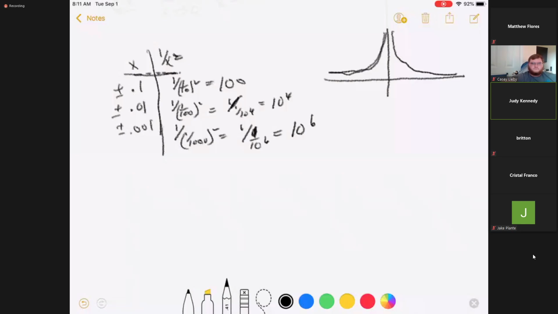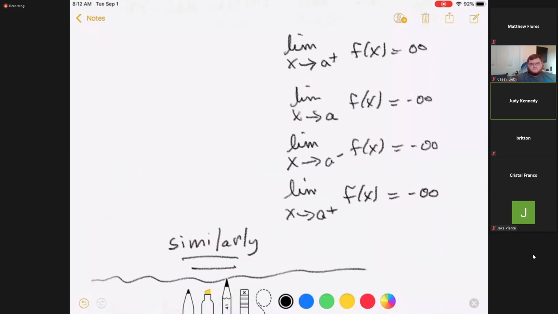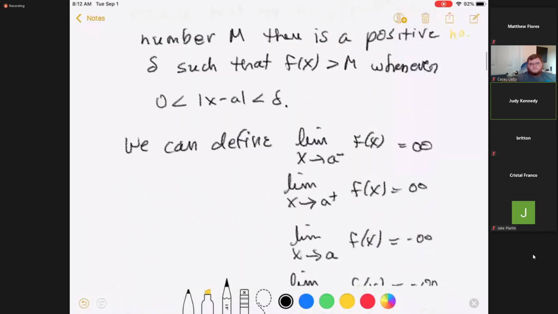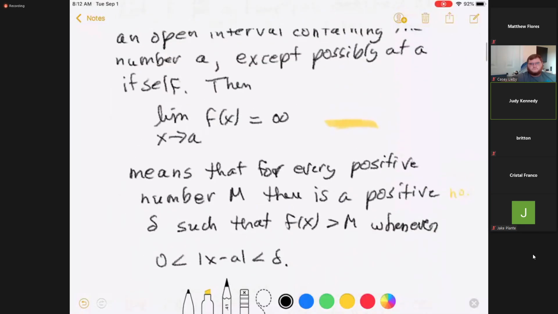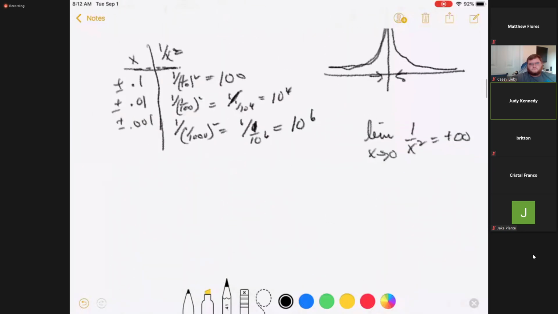So here, the limit as x approaches 0 of 1 over x squared is plus infinity. Because as you come in from the left or you come in from the right, 1 over x squared is getting big without bound. That's what this definition says. You can actually prove this with some inequalities, but I think we'll just stick with the numerical evidence.